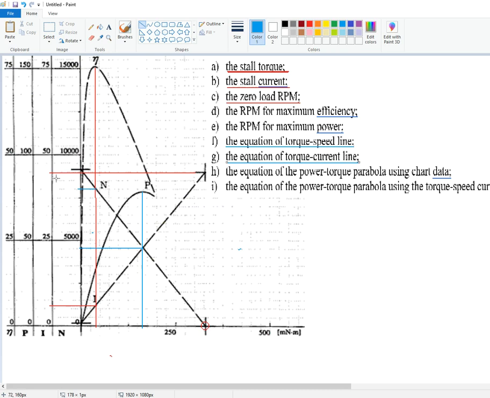So here we have the stall torque. Say equation of torque-current line. Okay, torque-current. Likewise, we need 2 points on the curve. One will be 0, 0. The other one will be the stall torque and 0 speed.